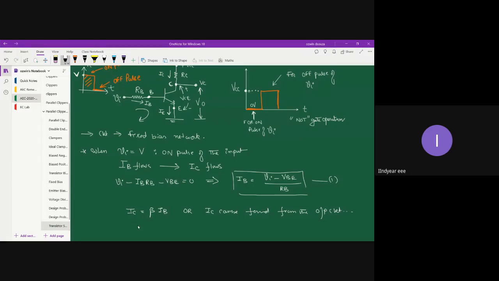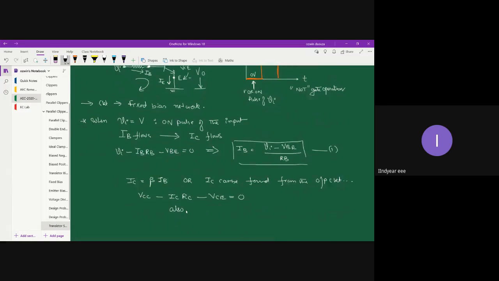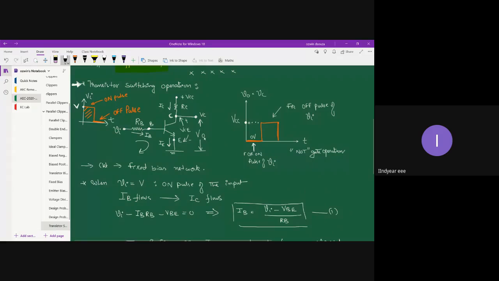On the output circuit, you can write the KVL equation as VCC minus IC into RC minus VCE is equal to 0. Also note that the output voltage V0 is VC, that is the voltage measured from collector to ground.